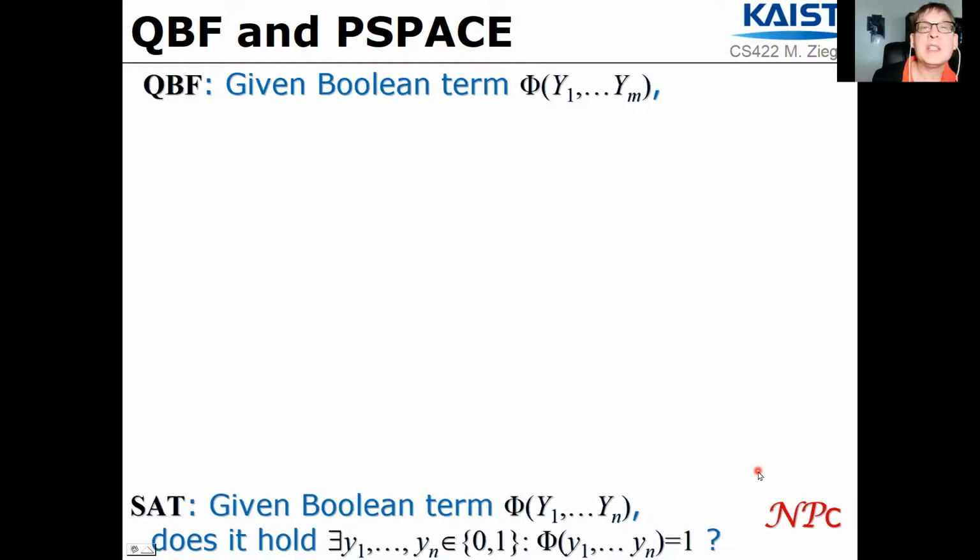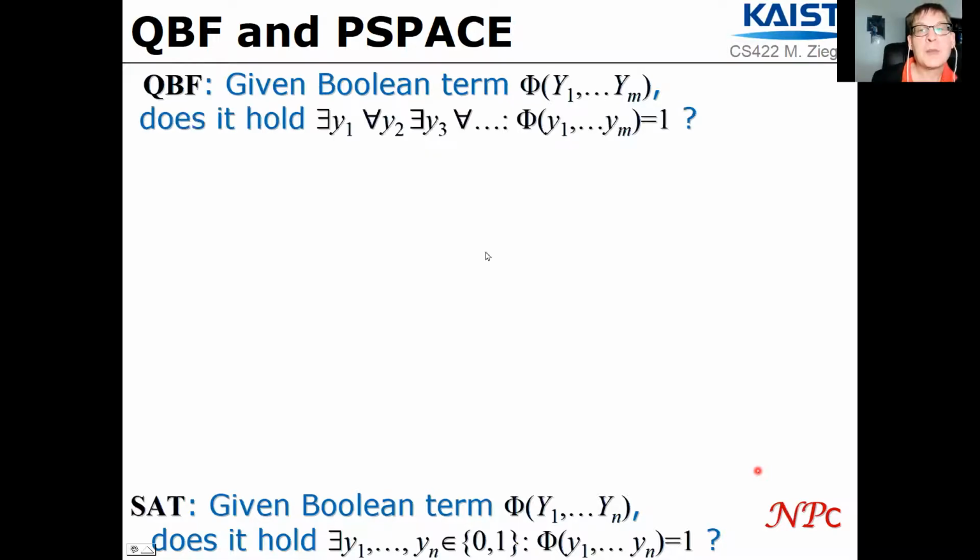And the generalization is: given a Boolean term, now with m variables, does the following hold? There exists an assignment for the first variable, so that for all assignments of the second variable, there exists an assignment to the third, for all, and so on, until all variables have been quantified over.